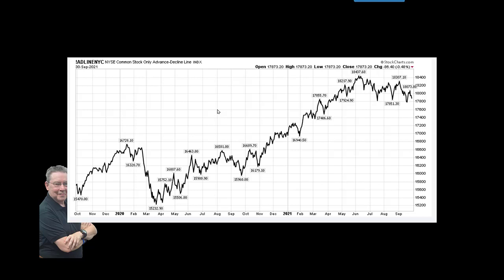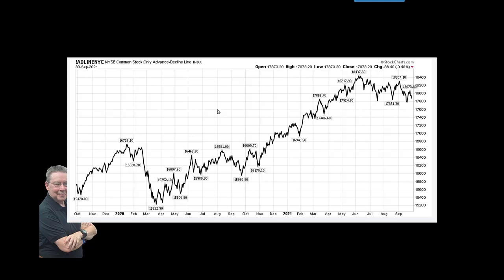Well, as a person who has lived through many bear markets and many bull markets for 50 years, let me tell you the best advanced decline line. This chart comes from a site called stockcharts.com, which I use every day. In the upper left-hand corner, they have a kind of ticker symbol, and if you type that in, you'll get a chart that won't look like mine, but you'll get basically the same information.